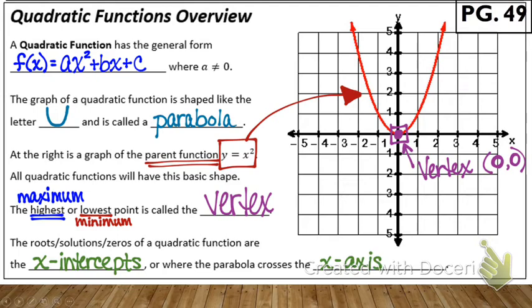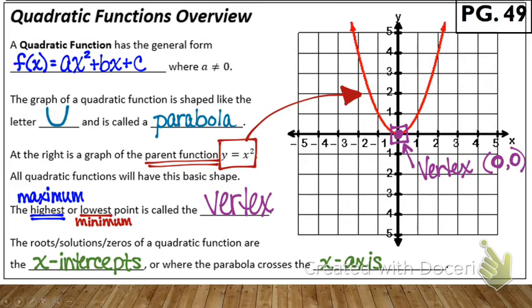So if I'm looking at this parent function right here, the parent function only touches the x-axis right there at the vertex. But many of our other parabolas have two places where they will cross the x-axis.